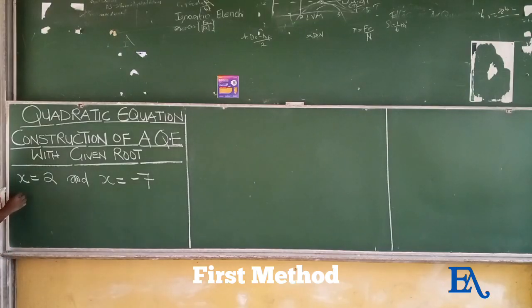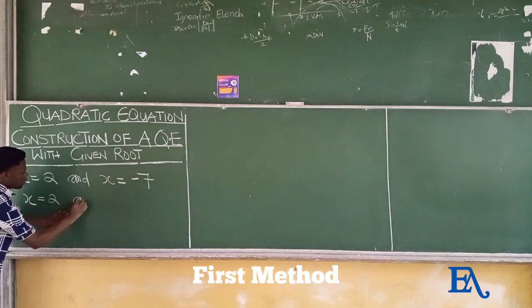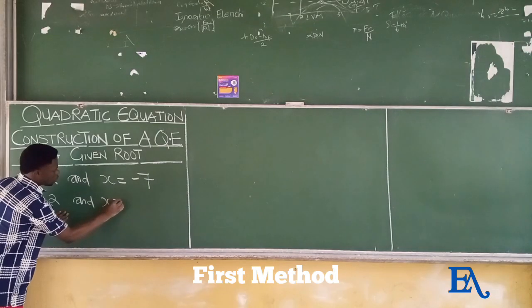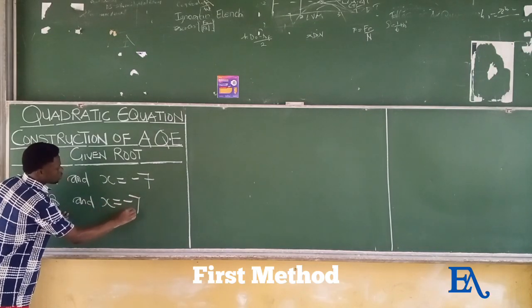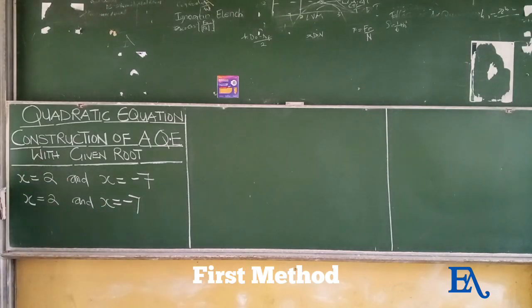From the first root, x is equal to 2 and x is equal to minus 7. So we have, bringing the constant term over to the left hand side and equating to 0, x, when this crosses over, it becomes minus 2 is equal to 0.